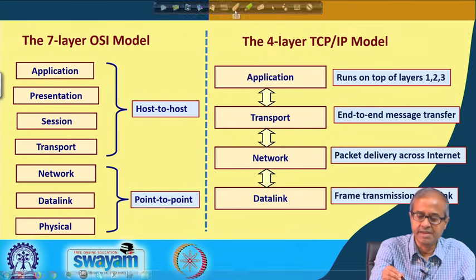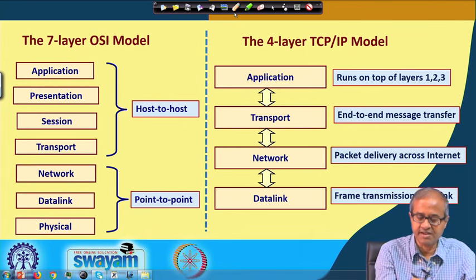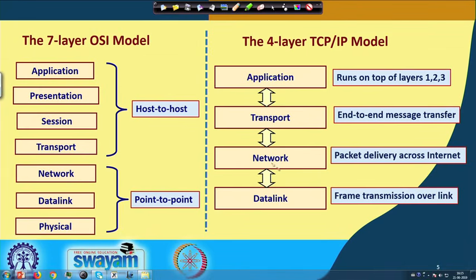Here you see the 7-layer model on the left and the 4-layer TCP IP model on the right. In the 7-layer model, as I mentioned, the lower 3 layers are the point to point layers and the upper 4 layers are host to host layers. Now, in the TCP IP, what they have done, they have simplified it: all the upper 4 host to host layers, they have integrated in a single application layer.